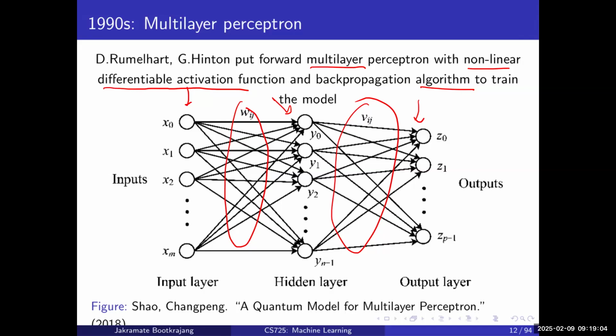So at the beginning, in 1990, when they proposed this multi-layer perceptron, computer scientists at the time split into two groups. One group still wanted to use a traditional method, where everything has to have a human expert to build the network, to build an algorithm. Another group would just let the computer figure out the weights and do their own thing.